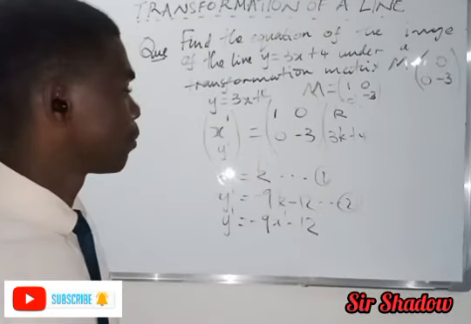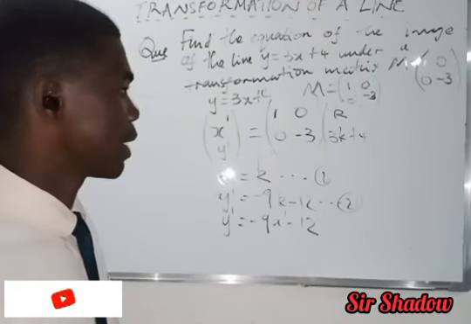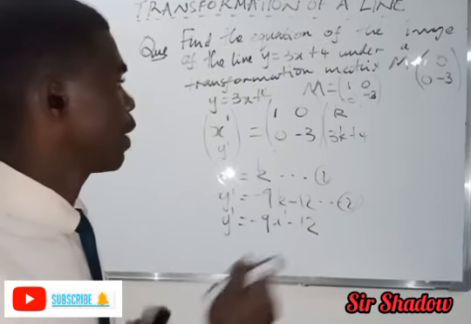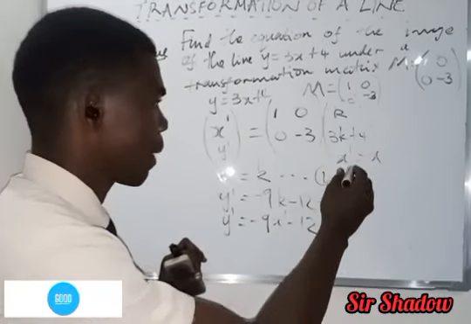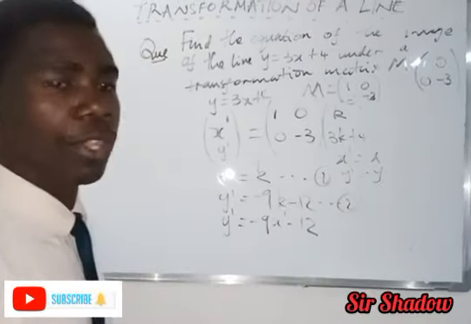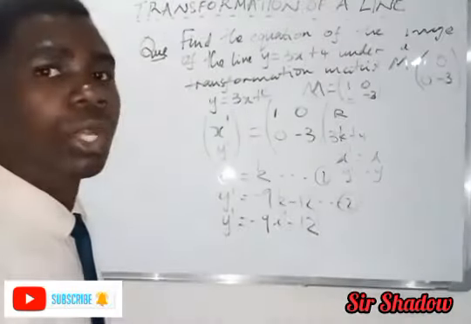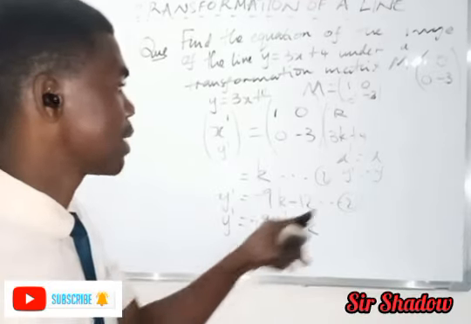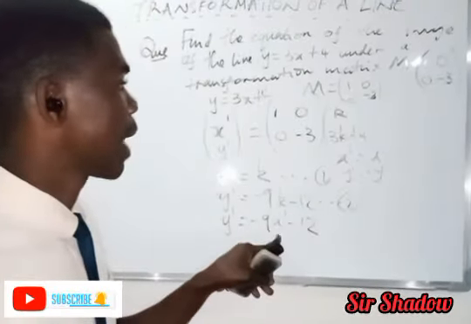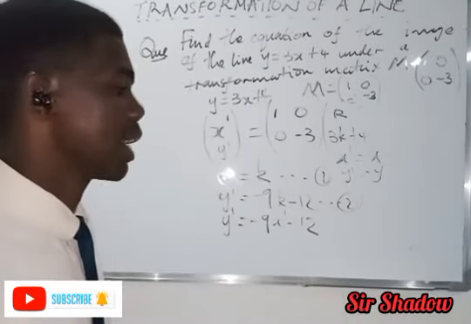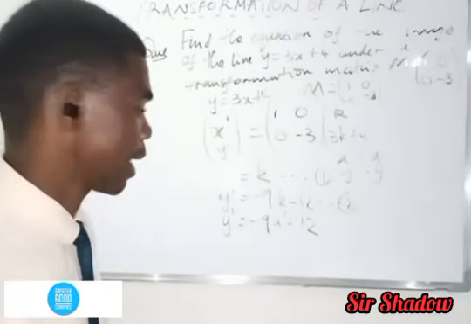Anyway, this is what you call an invariant. So for invariance, we know that x prime is equal to x and y prime is equal to y. So for this one, we have to interchange. Instead of writing y prime, we write y, and instead of x prime, we write x.